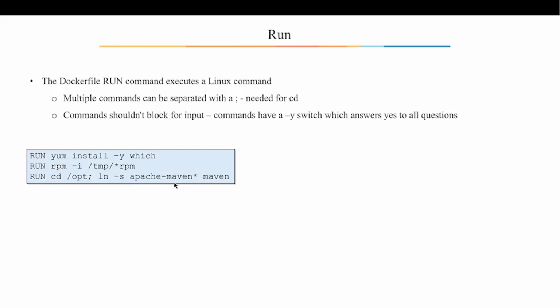Now this RUN tag allows you to run some Linux commands to affect how your image is built, which in this case, yum is a way to manage dependencies. RPM is a way to install some software packages. And then in this case, the last one here, I told it to change directory to the opt directory and then create a link from the tarball that I installed. That's all it did. All right.